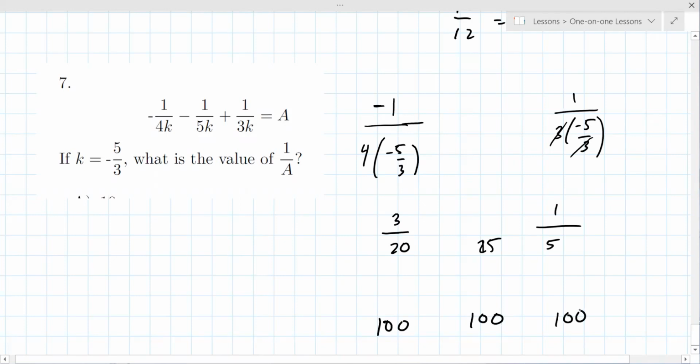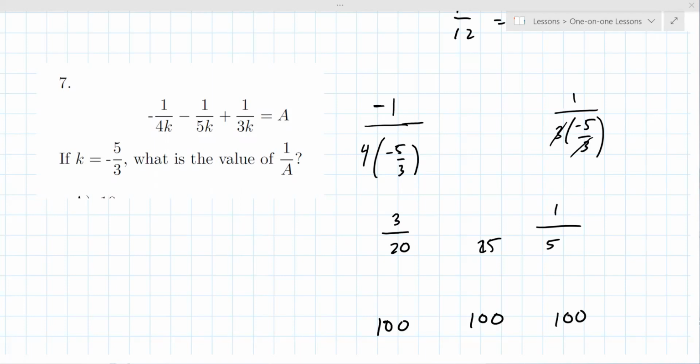Okay. So then five multiplied by 4 and 1, so that's 15, 12, and 20. So that's 27 minus 20, so 7 over 100.